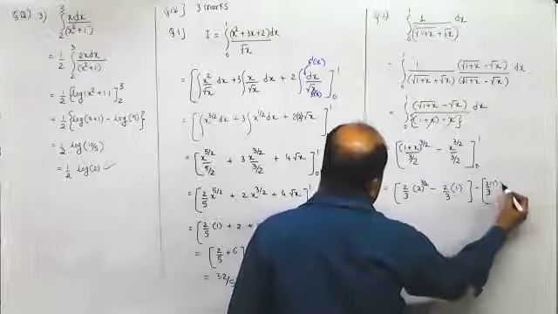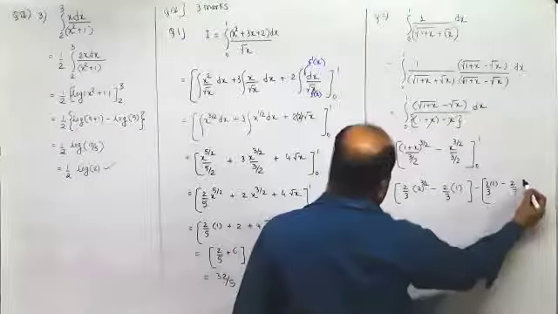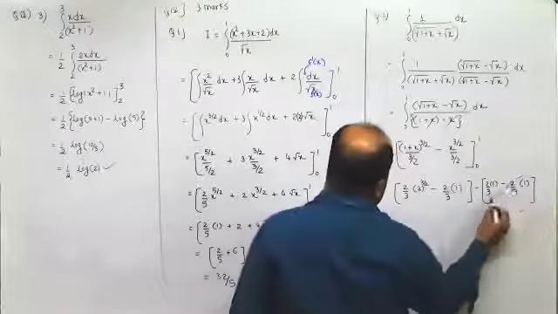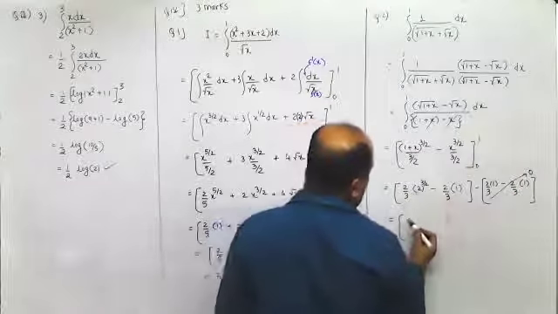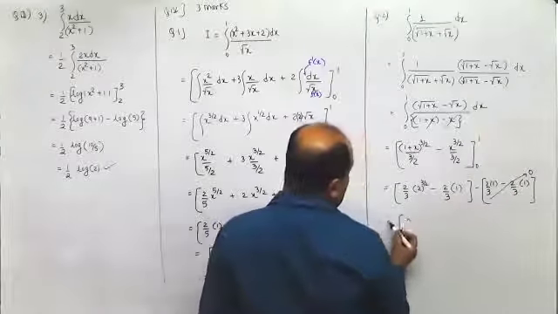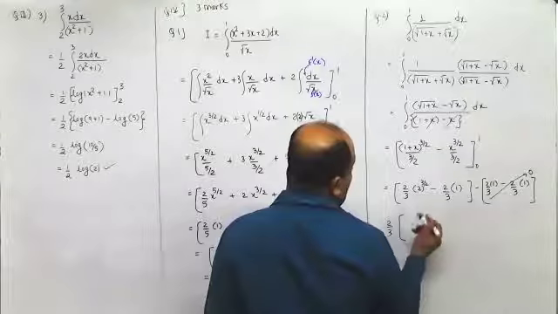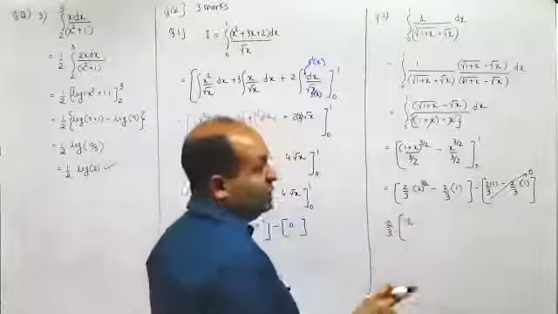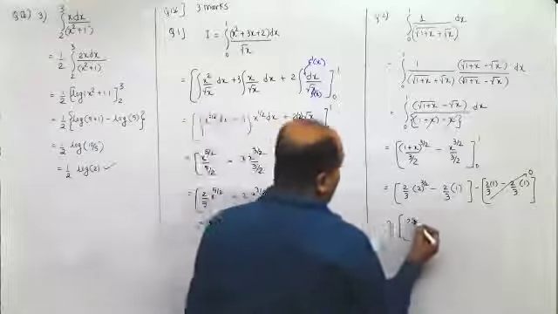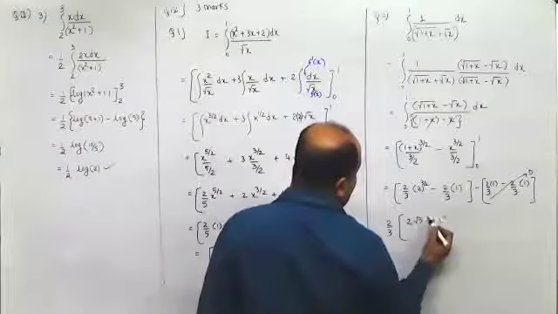This would also become minus 2 by 3, 1 raised to 3 by 2. This is 0. This is 2 by 3 into 2 raised to 3 by 2. Take 2 by 3 out. Remember, a raised to 3 by 2 is a root a. So 2 raised to 3 by 2 is 2 root 2 and this is minus 1.